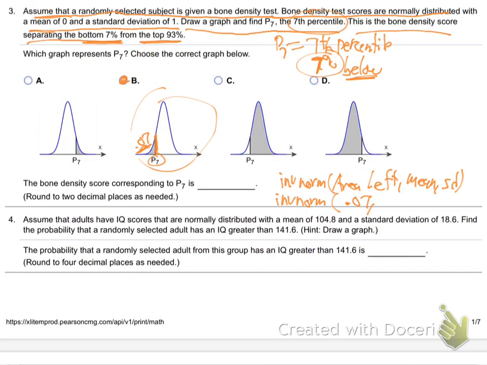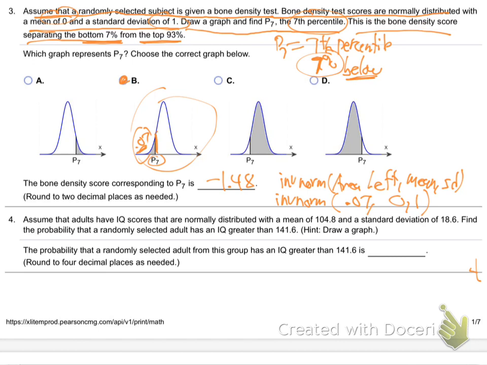But this time they're just straight out giving me the area to the left. See, the shading is to the left there. So just grab it. And then what is the mean? Oh, mean 0, standard deviation 1. Hit the buttons on your calculator, and you'll get negative 1.48.